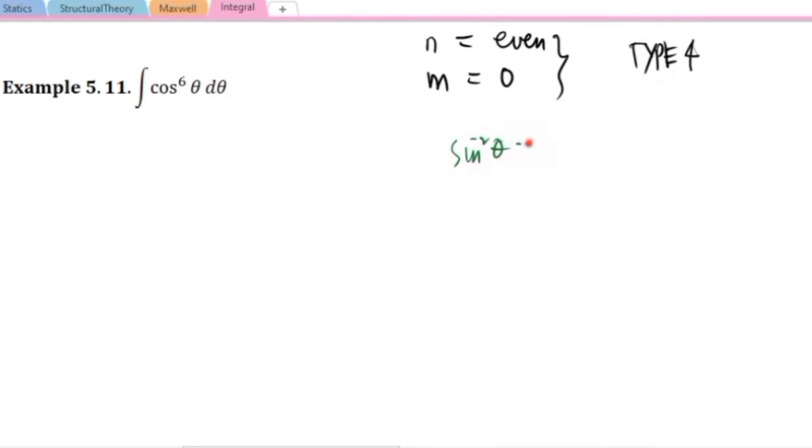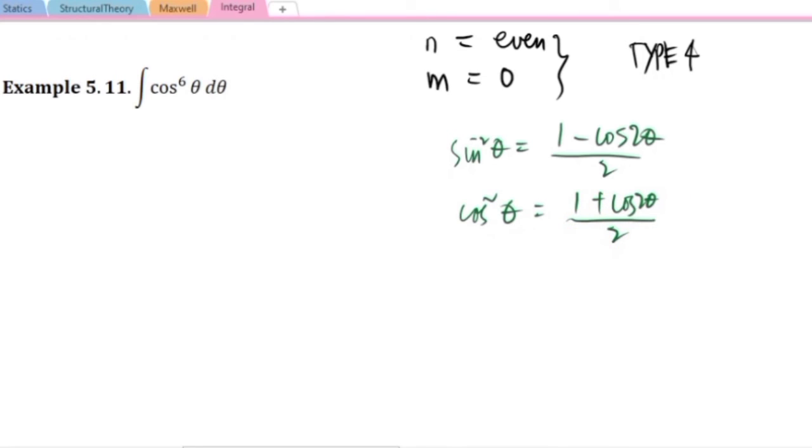Sine squared theta is equal to 1 minus cosine 2 theta over 2. Cosine squared theta is equal to 1 plus cosine 2 theta over 2. And the sine theta cosine theta is equal to 1/2 sine 2 theta. Okay, so we will express this in terms of cosine squared.